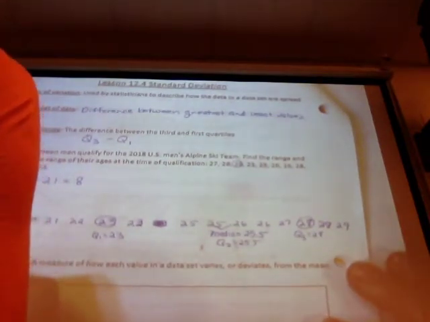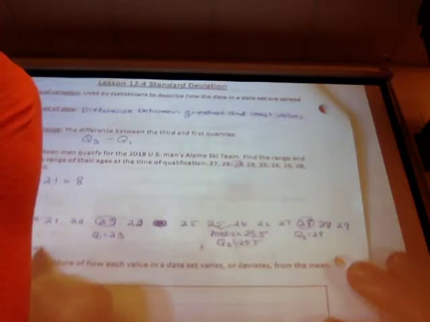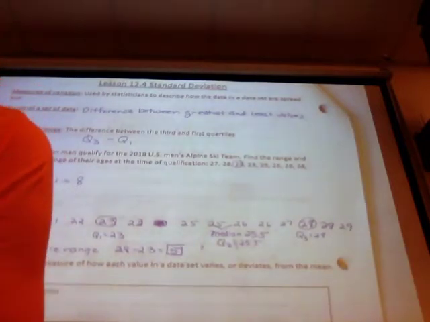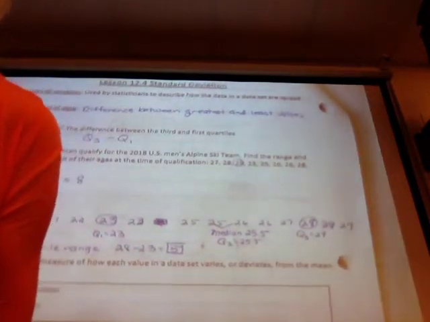Okay? So now the interquartile range would just be 28 minus 23, which is 5. Okay? It's just kind of common sense, isn't it? Good. After you know what a quartile is.